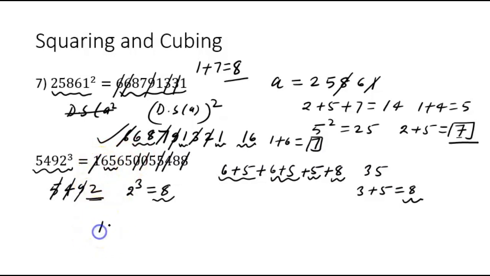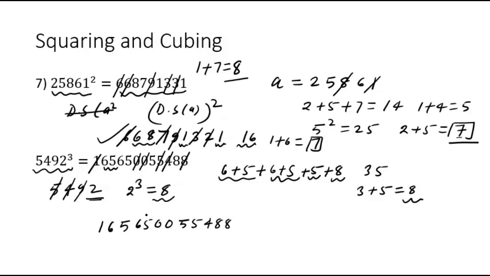So the correct answer is 16565 00 and then 55488. You can verify yourself whether this answer is correct or not, because calculating through the digit sum process is giving me the same left hand side and right hand side.